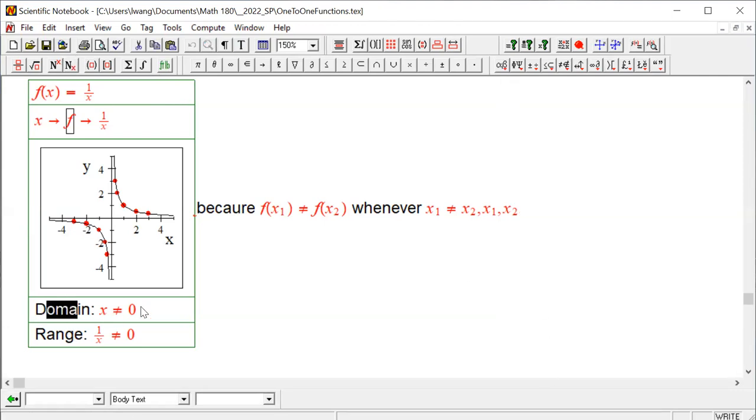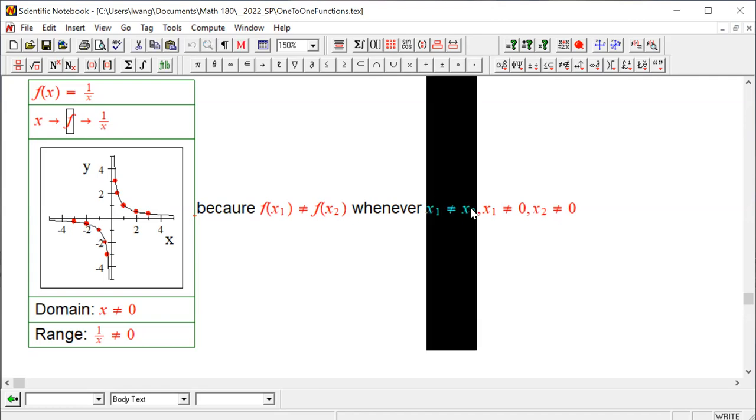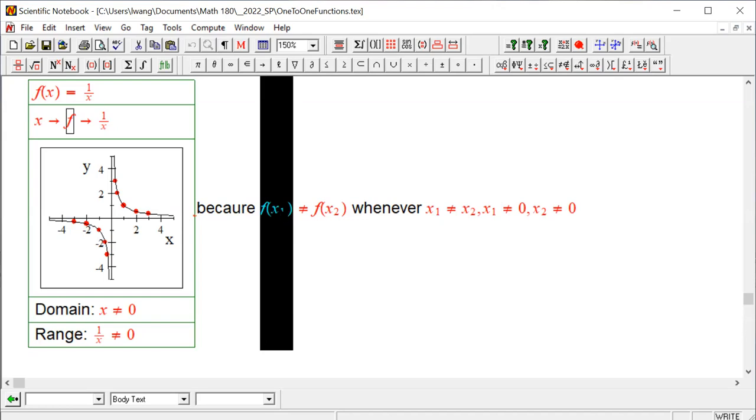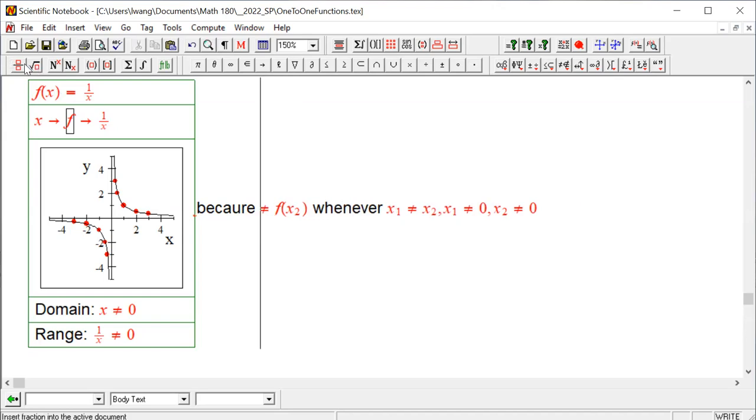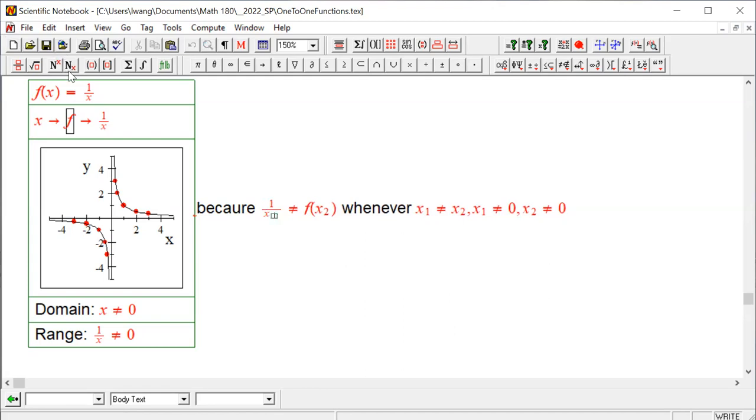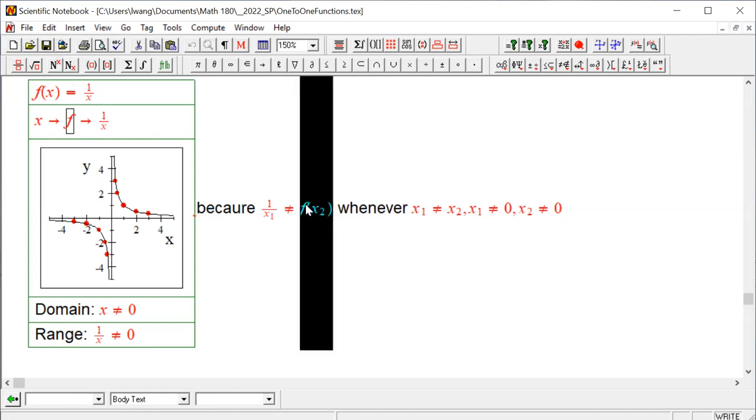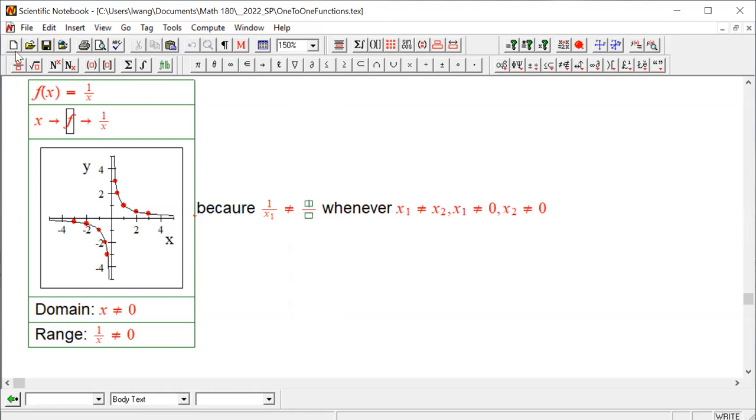Be aware of the domain, we do everything in the domain. So none of these is 0. Whenever x1 is not the same as x2, their respective outputs, 1 over x sub 1, is not going to be equal to 1 over x sub 2.